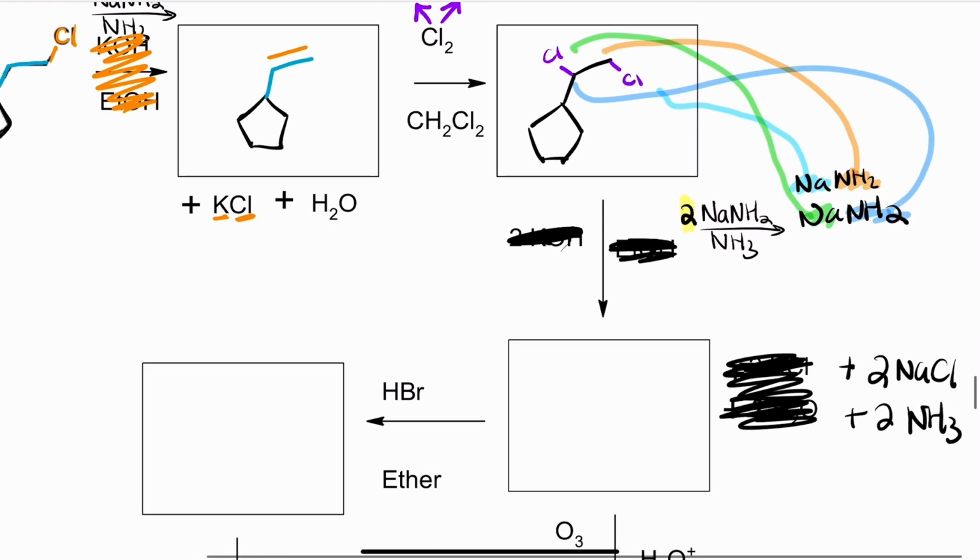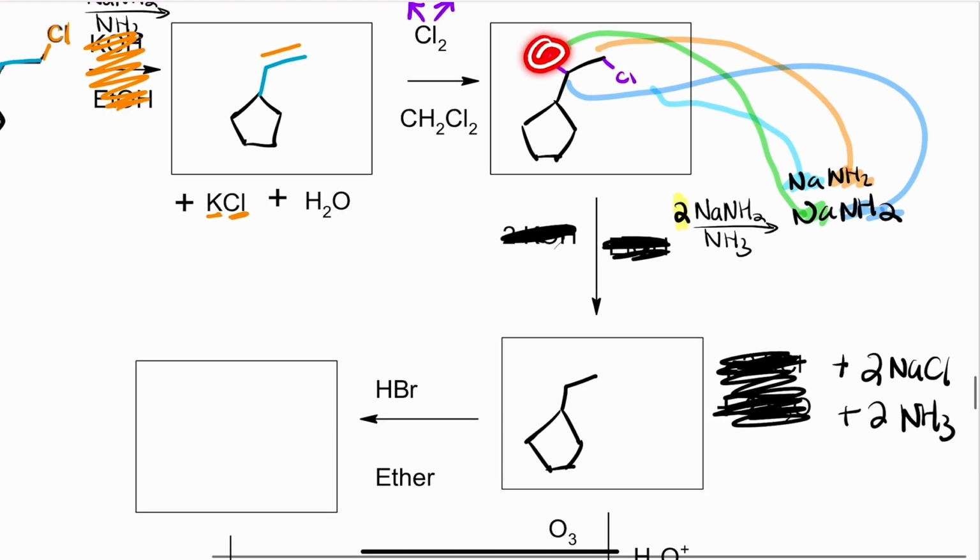So what does that do? Well, we still have this cyclopentane, and we still have this, basically it's an ethyl group, like 1, 2 carbons, right? 1, 2, 1, 2. And we removed a hydrogen. Oh, sorry. Yep. We removed a hydrogen here and a chlorine.